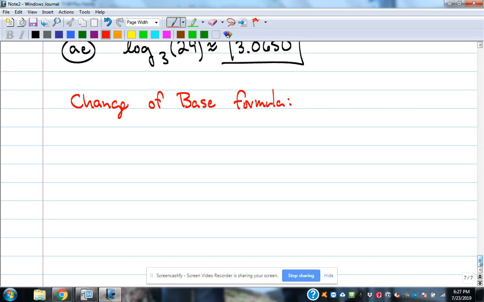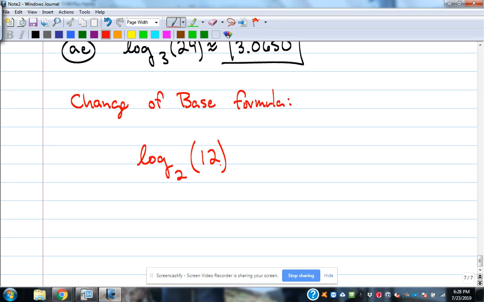So the change of base formula is for taking a logarithm that has a different base. It's not a common log base. So maybe it's log base 2 of a number, and let's do the number 12.